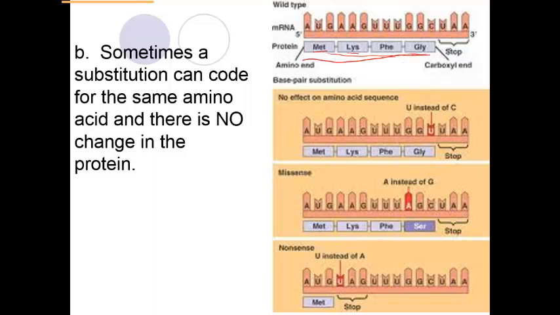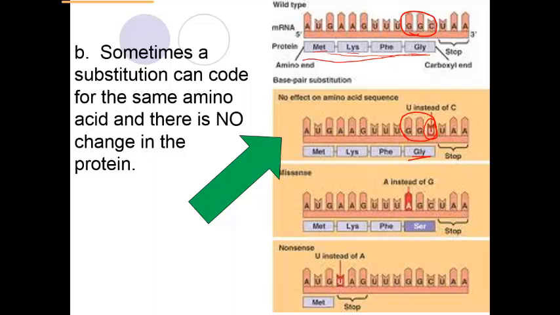So just if we're looking at those sequences, we're going to take a look at this top example right here. This GGC, and if you have your circle chart out, you can look up GGC and notice that it was supposed to be glycine. But the mistake right here, we now have a U. So we've substituted, instead of a C, we have a U. And so if you look up GGU on your circle chart, you're going to notice that that's also glycine.